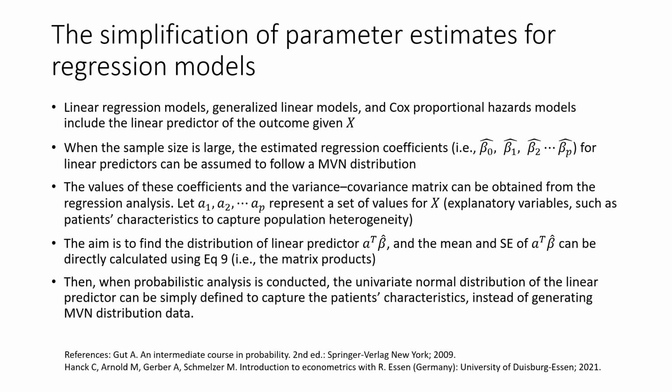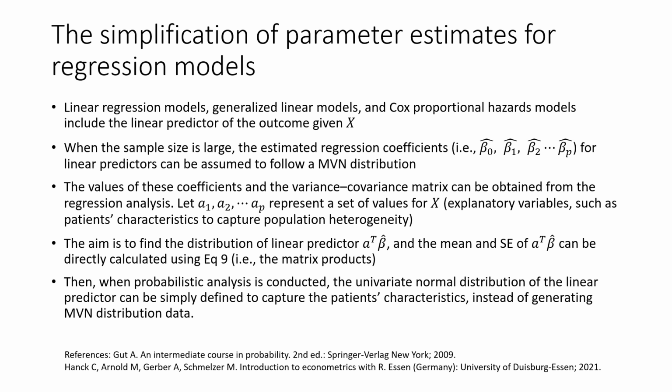We can assume that the estimated regression coefficients for linear predictors follow a multivariate normal distribution. The values of these coefficients and the variance-covariance matrix can be obtained from the regression analysis. Let A1, A2, ..., AP represent a set of values for the explanatory variables, such as patient's characteristics to capture heterogeneity.